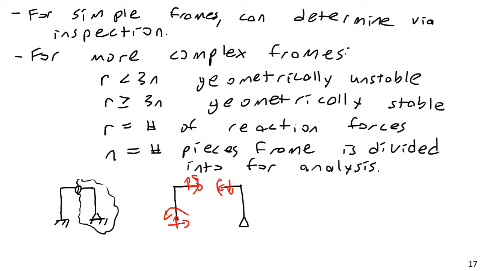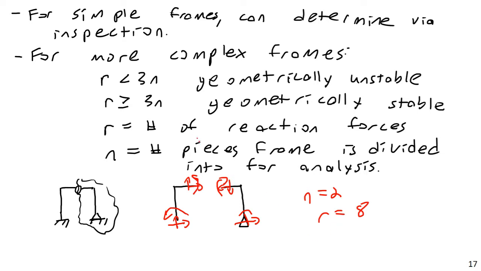Again, equal and opposite. And then just an X and a Y here. So in this case, n is equal to 2, and R is equal to 3 plus 3 plus 2. 3 plus 3 is 6, plus 2 is 8, so R is equal to 8.